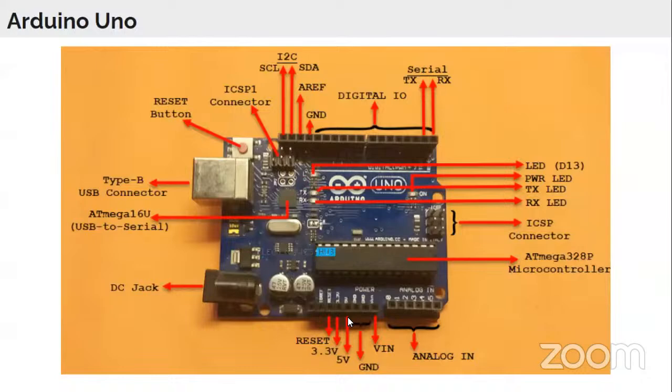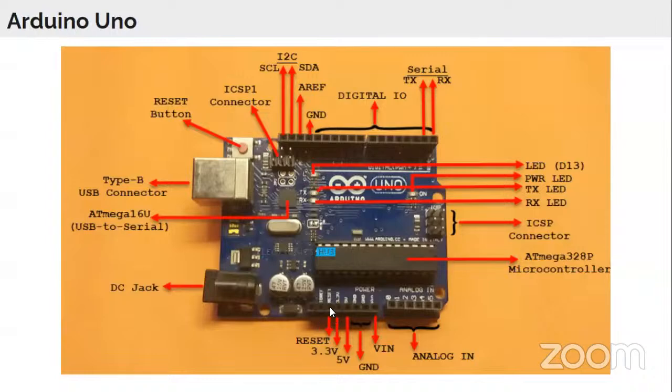Then we have two power output pins, one is 5 volt and another is 3.3 volt. So the 5 volt provides us with a voltage of 5 volt, and the 3.3 volt provides us a voltage of 3.3. Okay.